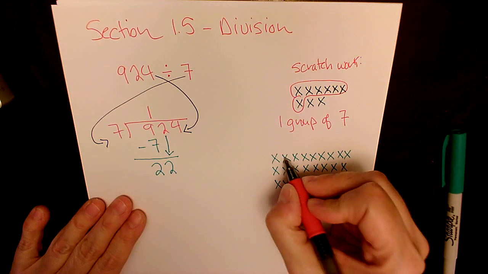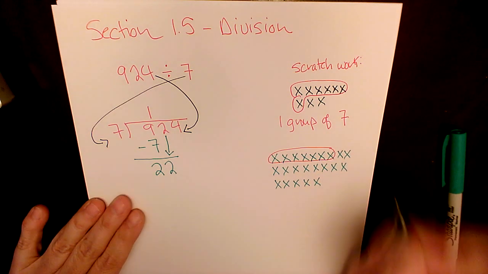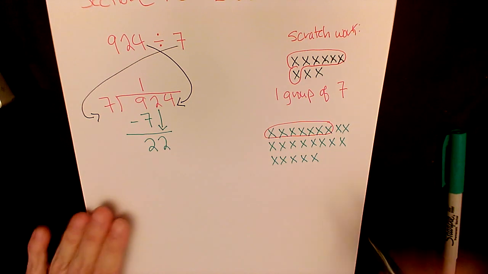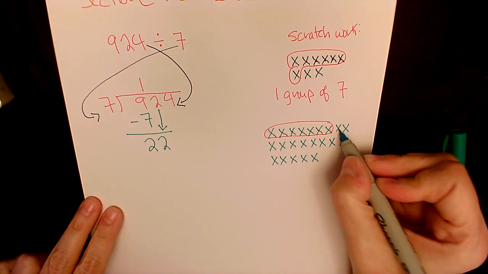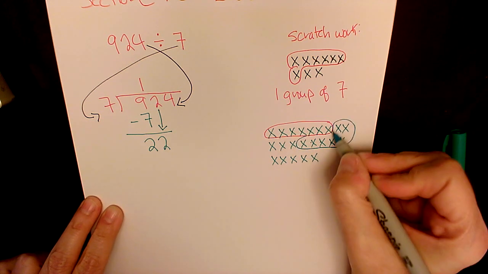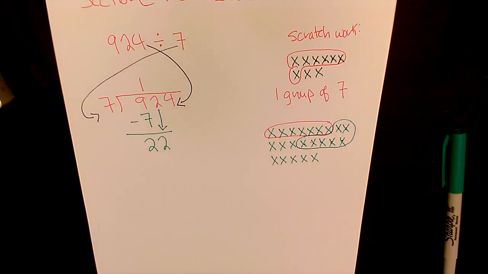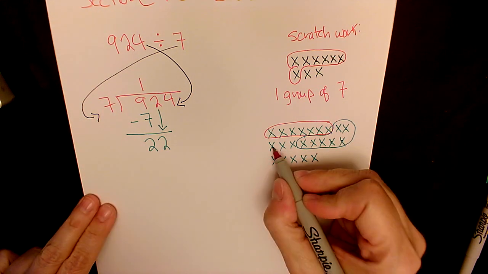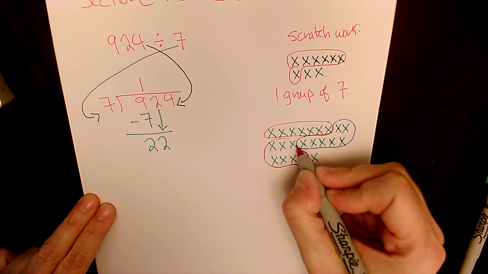So how many groups of 7 are in 22? Let's see. 1, 2, 3, 4, 5, 6, 7. So here's one group, but I have more I can circle, right? Let me use a different color so we don't get mixed up. 1, 2, 3, 4, 5, 6, 7. Here's another group of 7. That's 2 groups. I can have one more. 1, 2, 3, 4, 5.